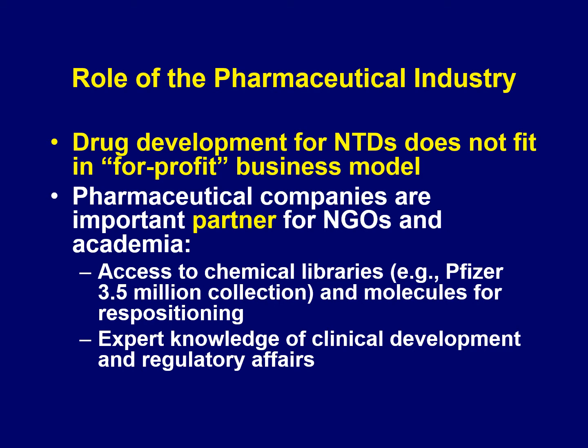So that kind of pre-discovery phase and hit-to-lead stage that I mentioned before, this very, very early drug discovery phase. There are companies that have catalogs of millions and millions of molecules, and NGOs and academia have partnered with them and been able to explore some of these molecules for neglected tropical diseases.